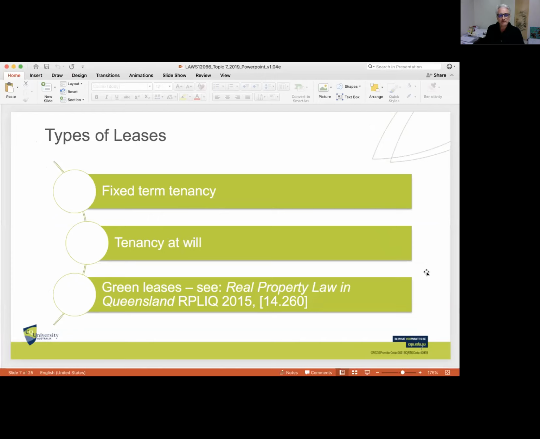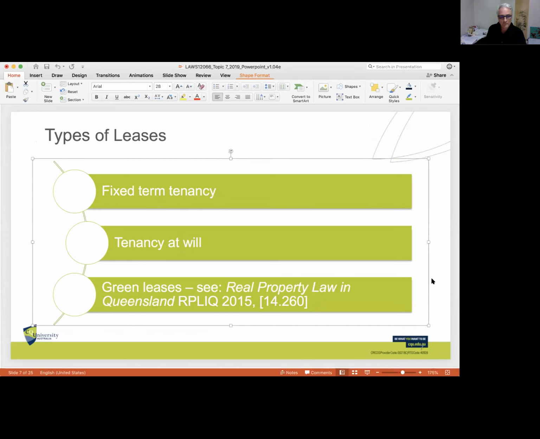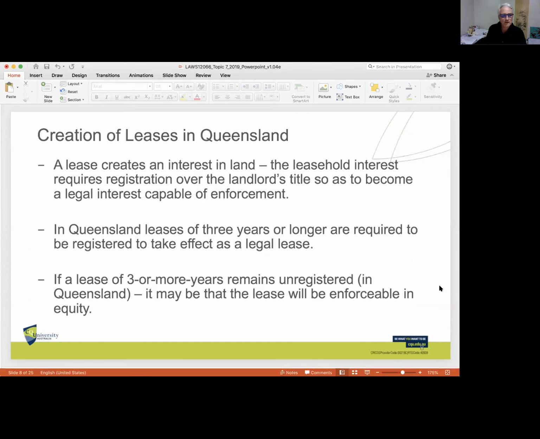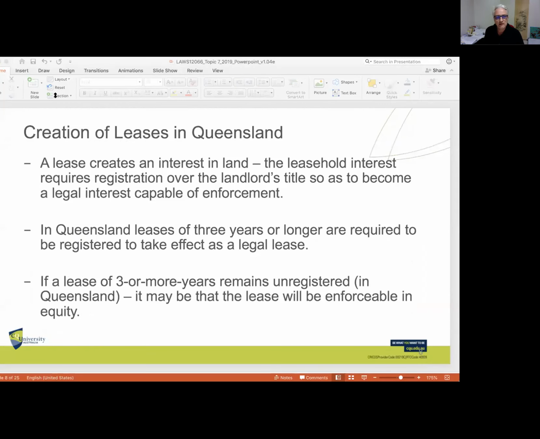So there we have those types of leases. In terms of how we go about the creation of a lease, again, we're focusing on the situation, of course, in Queensland.